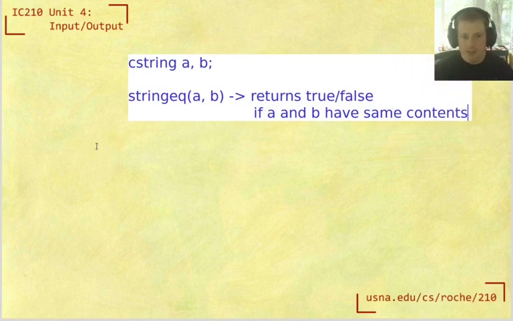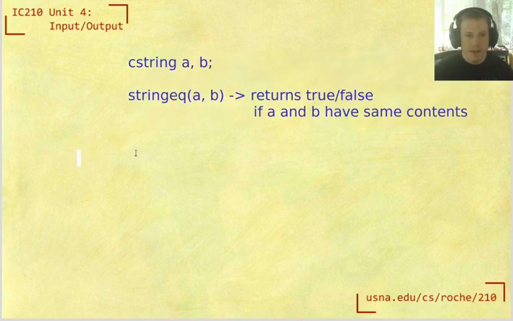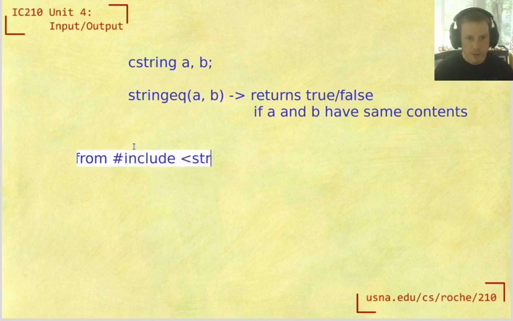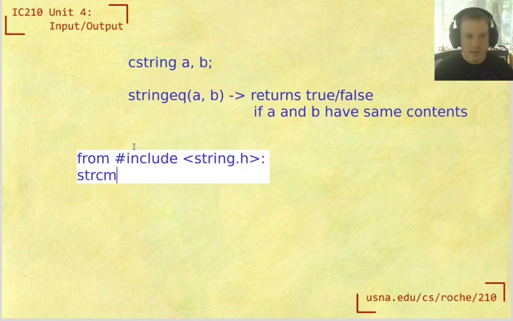So that's not a standard string library function, but what is from the standard string.h, we get strcmp, string compare. And this one works a little bit strangely, but once you get used to it, it'll be fine, but that's why we didn't introduce it right away.